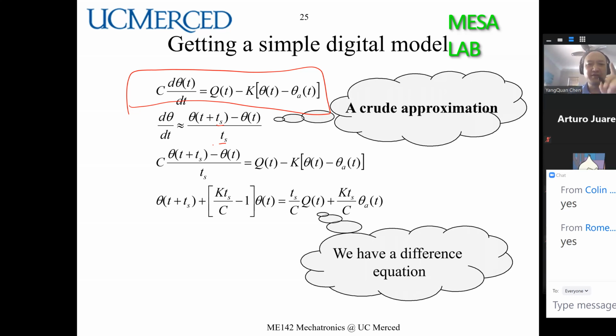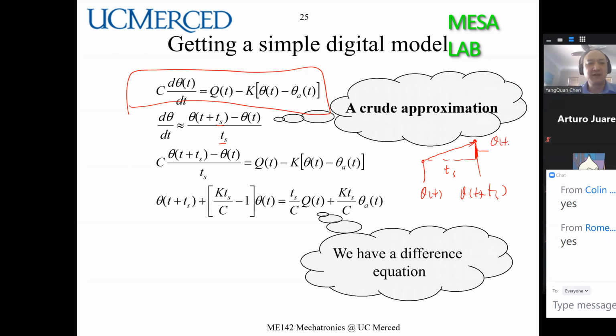With the sampling period, you have θ(t) here and θ(t+Ts) here, and the distance is Ts. The difference θ(t+Ts) minus θ(t), divided by Ts, is the slope. So dθ/dt is a slope.